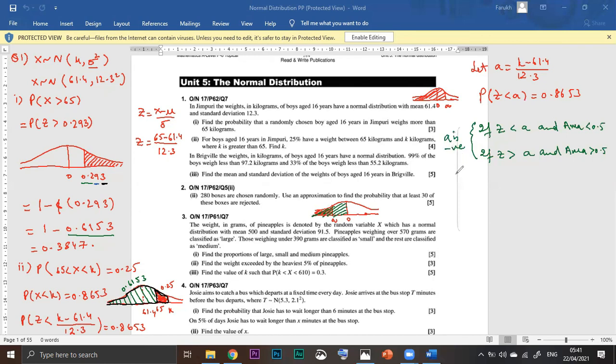This one is the shortcut. Now you can see that here we have z less than a and the area is greater than 0.5. So a is positive. Use these two rules to determine whether a is positive or negative.